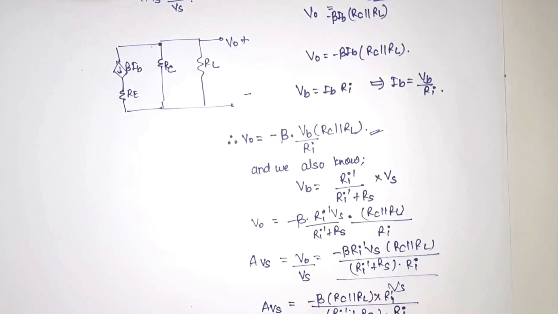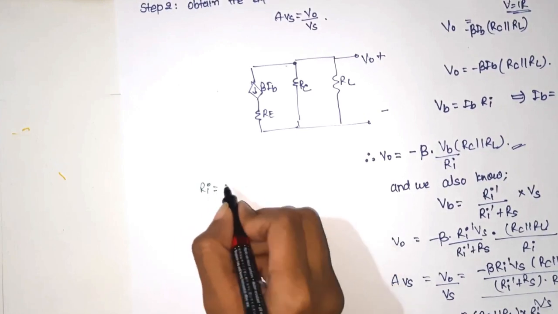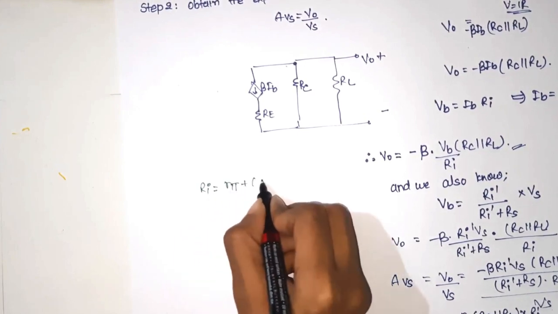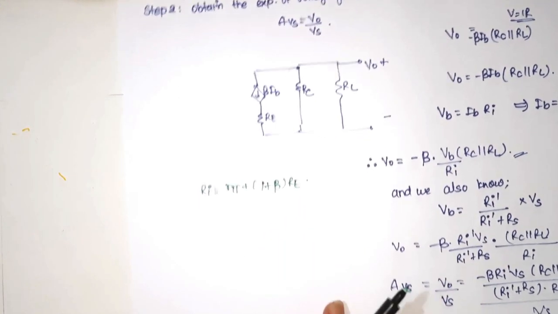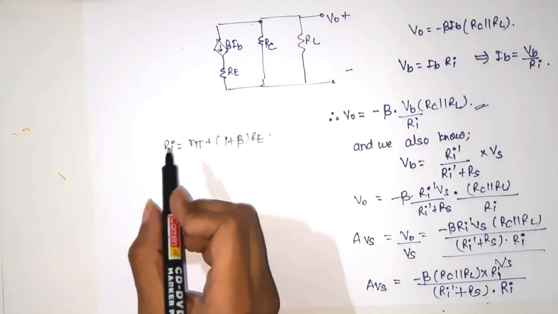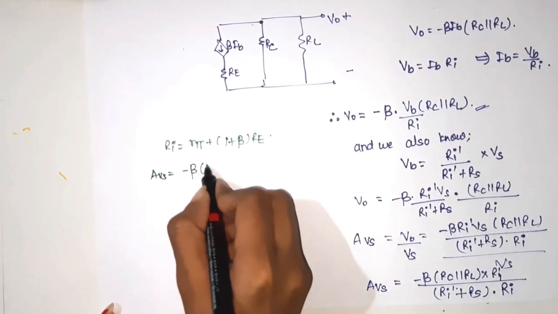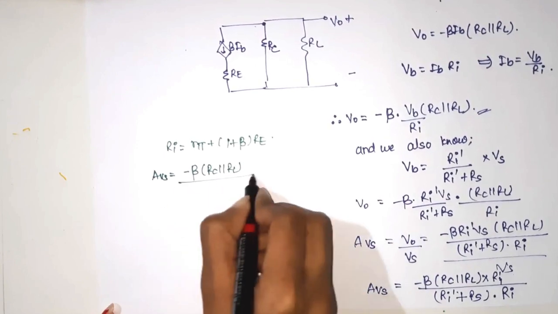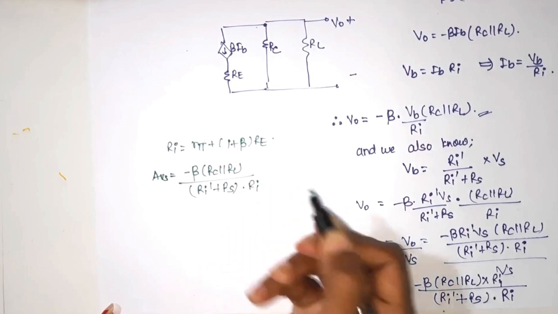Now we also know that the value of Ri, from the previous equation that we solved, is equal to R pi plus 1 plus beta times Re. So what if we substitute the value of Ri into AVS? The value of AVS will then be minus beta times RC parallel RL upon Ri dash plus Rs into Ri.